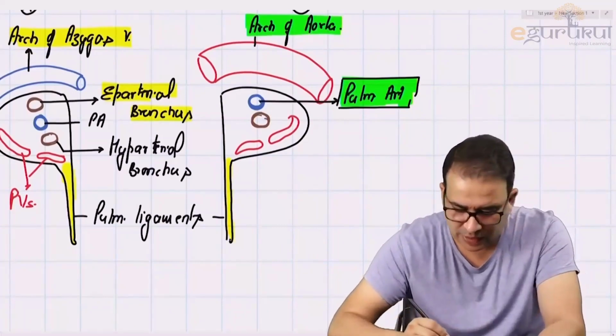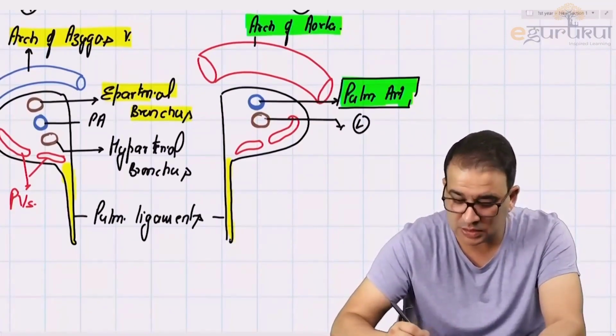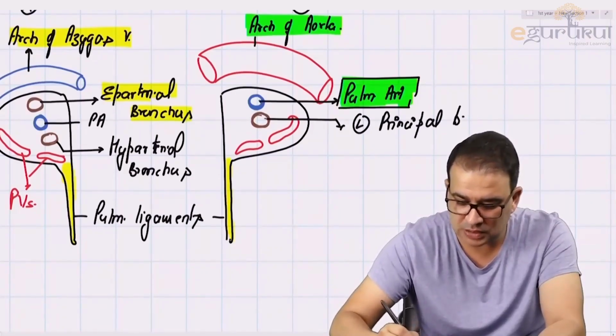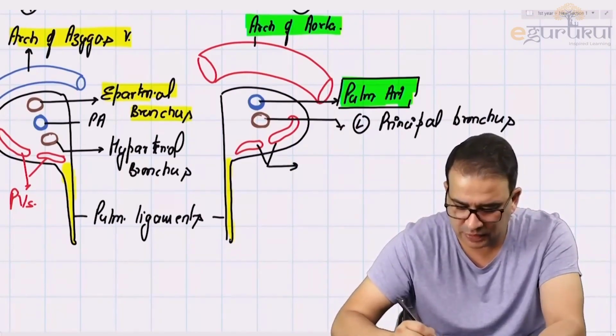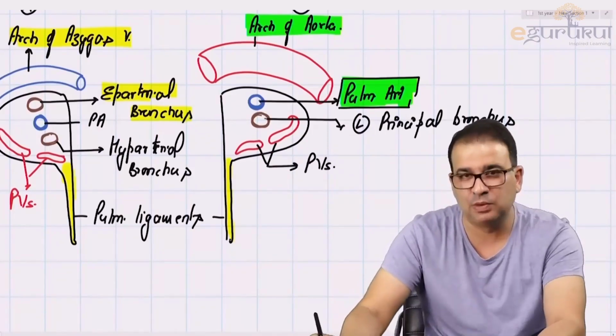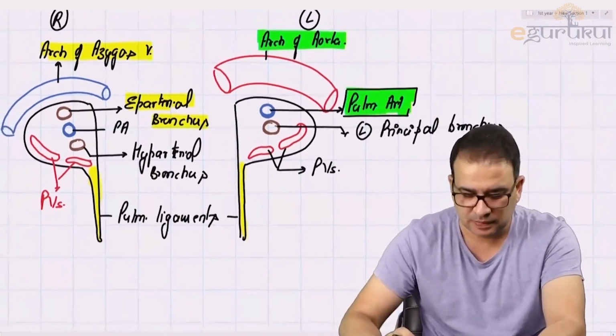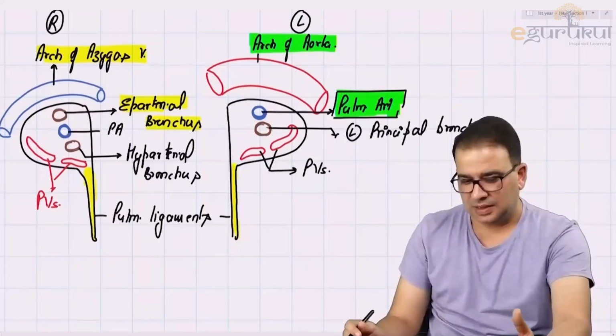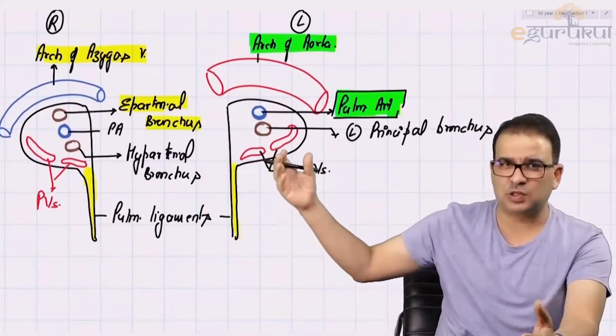If I label the remaining structures for you, this is the left principal bronchus, and then we have these left pulmonary veins. So this is how the structures are organized in the right and the left root of the lung. There are other minor structures also, like bronchial arteries.